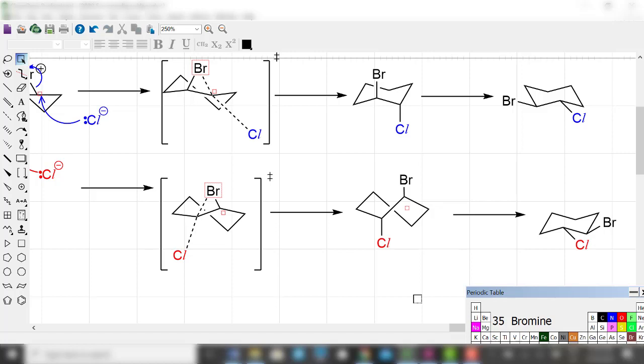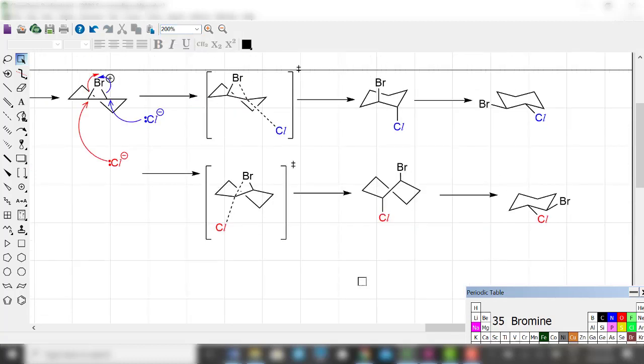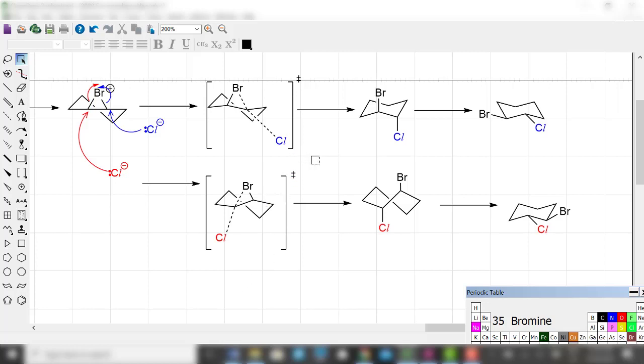So this whole thing I have explained earlier on, I hope you get to see that although when you draw it flat, it doesn't really matter whether you attack the first carbon or the next carbon, because the probability seems to be the same. But now, with a good understanding of conformational analysis and how the transition state looks like, I hope you realize that when the chloride approaches from the right hand side or from the left hand side is actually quite different, because the transition state energy between the two are not the same.